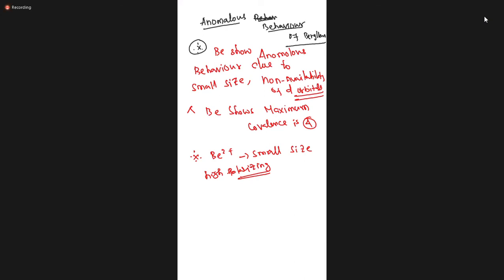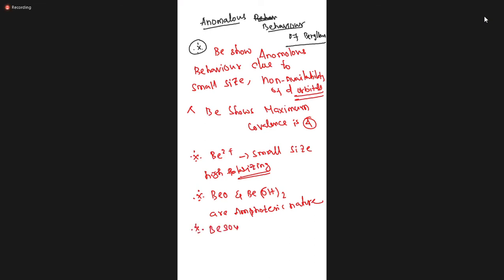And you know very well, just now I told you, BeO and Be(OH)2, both oxide and hydroxide, are amphoteric in nature. Just now I told you this point also.